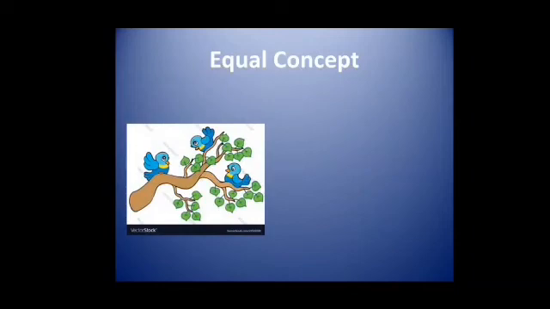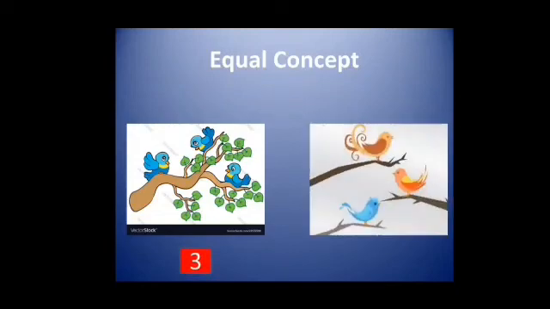What can you see over there? Yes, you are right. There is a tree and we can see birds on the tree. Shall we count how many birds are there on the tree? Come on, start. 1, 2, 3. There are 3 birds in the first tree.